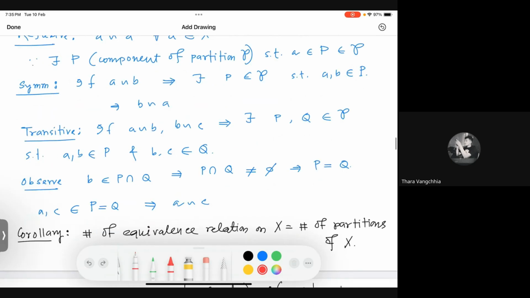Now, it is transitive also. Why? Because if a is related to b and b is related to c, then a is related to b means a and b belong to the same component. Say this is P. Since b is related to c, it means b and c belong to the same component. Say the component is Q.